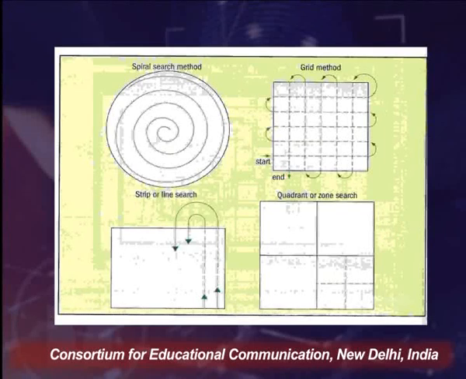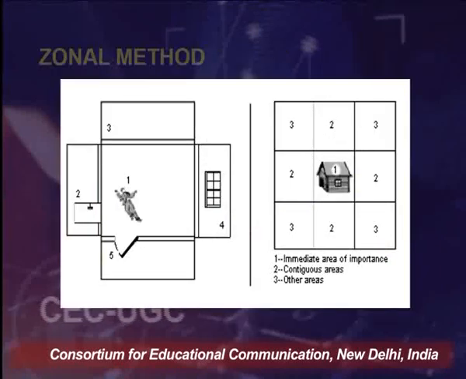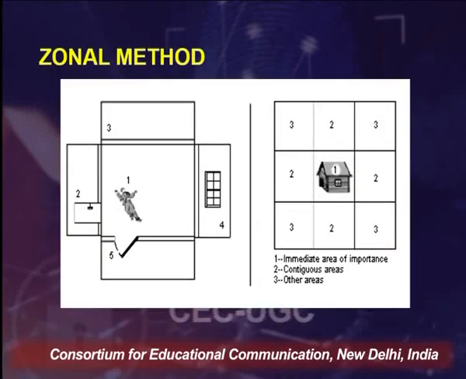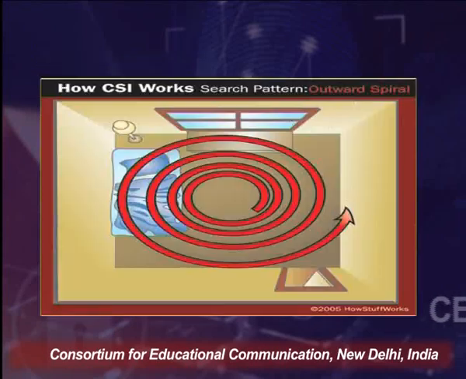So the spiral method, the zonal method and the strip method are basically used for a smaller area or for an indoor area, whereas the grid method or the crosshatch method is used for bigger or outdoor crime scenes. So the zones are divided into more zones for better searching.